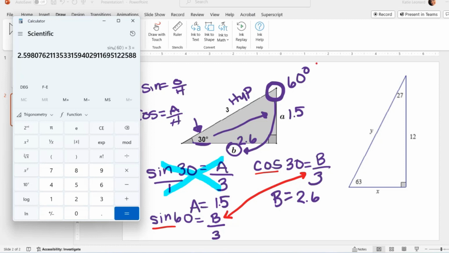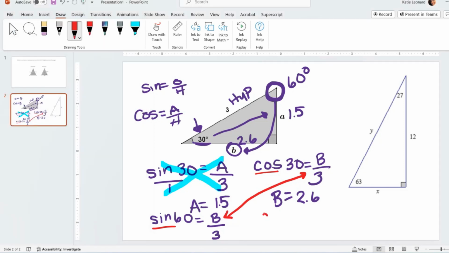And you'll get the same thing if you do the cosine of A, or the cosine, sorry, of B. And we're not going to know this side because that's going to be now my adjacent side. And it's going to be over 3. Again, you see it's the same here and here.